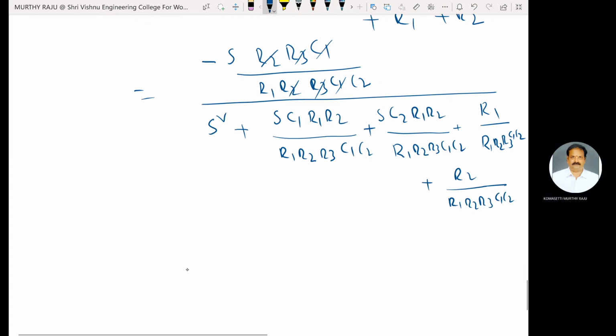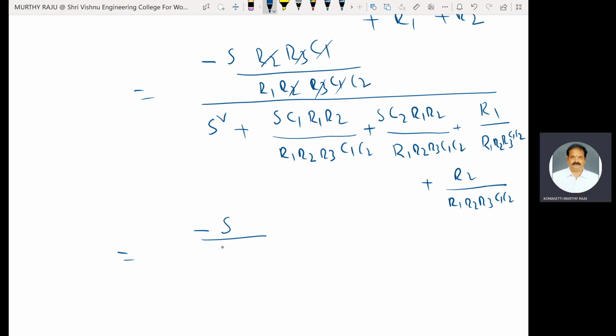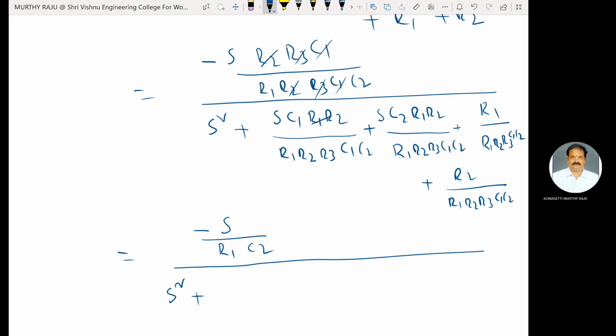Therefore, finally, minus S by the remaining terms, which are R1 C2, by S square, plus S by R3 into 1 by C2.